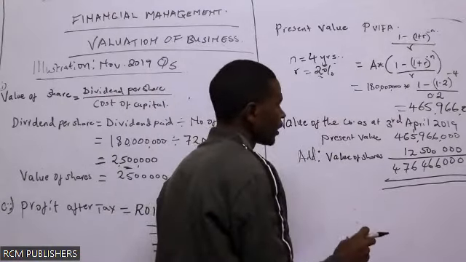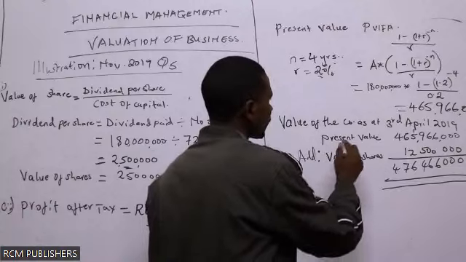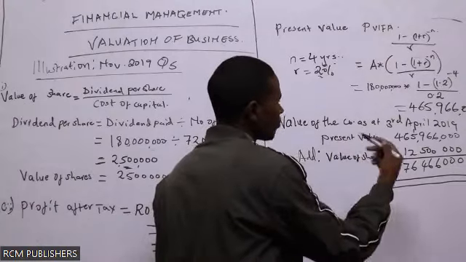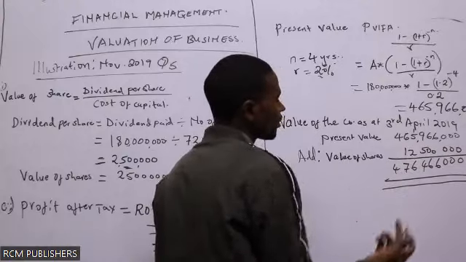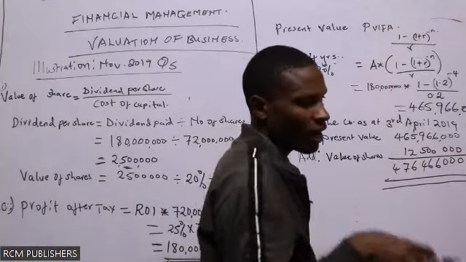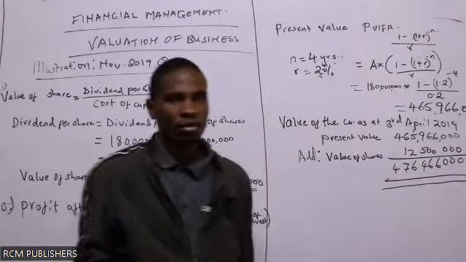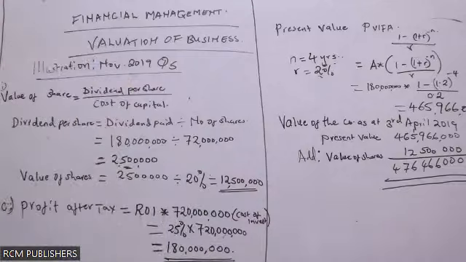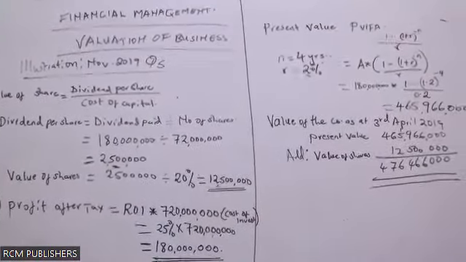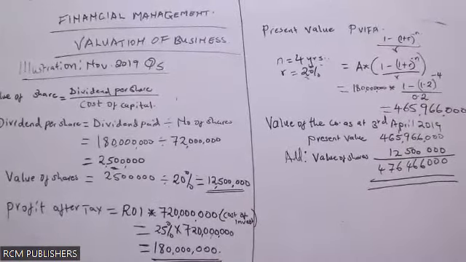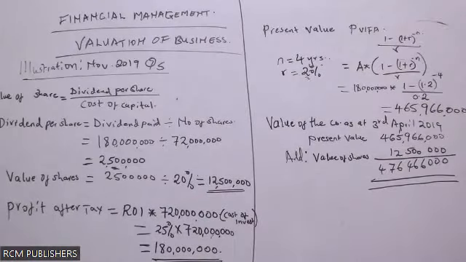That is the value of share. And then the present value of the profit. This is the profit present value itakuwa here. So when you add the two, remember now that is the worth of that company.